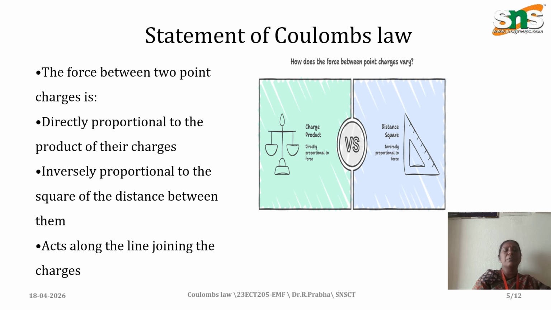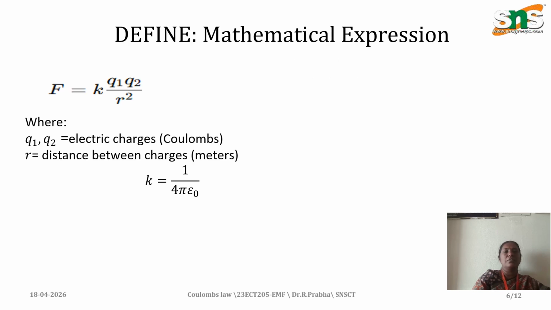Now, the statement of Coulomb's law: the force between two point charges in a static electric field is directly proportional to the product of the two charges and inversely proportional to the square of the distance between them, and it acts along the line joining the charges.